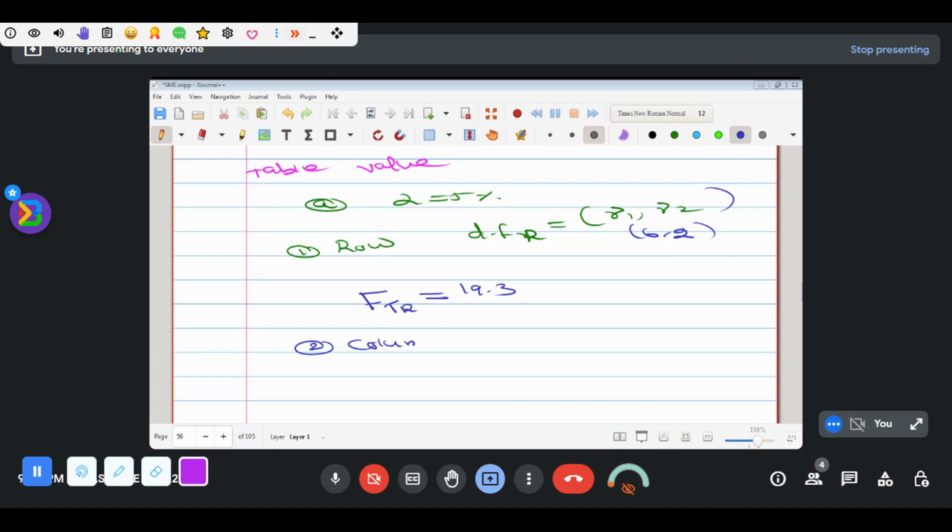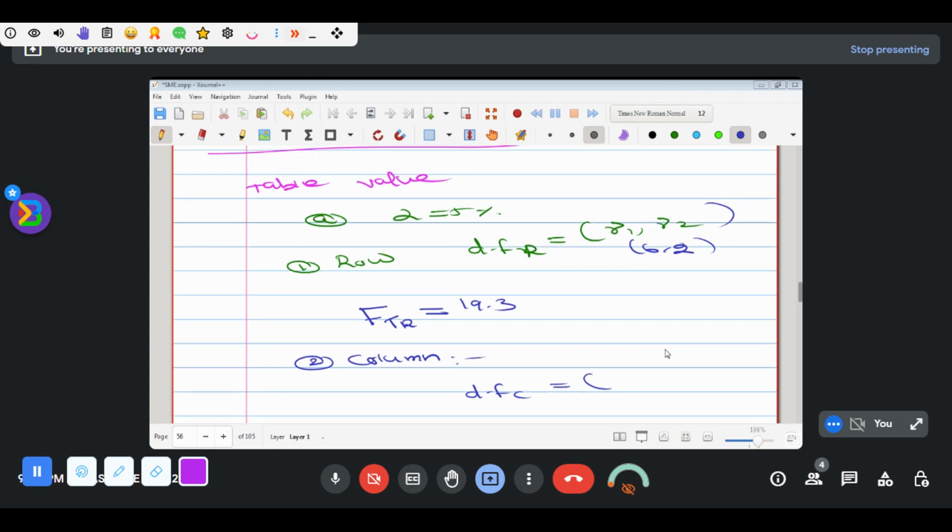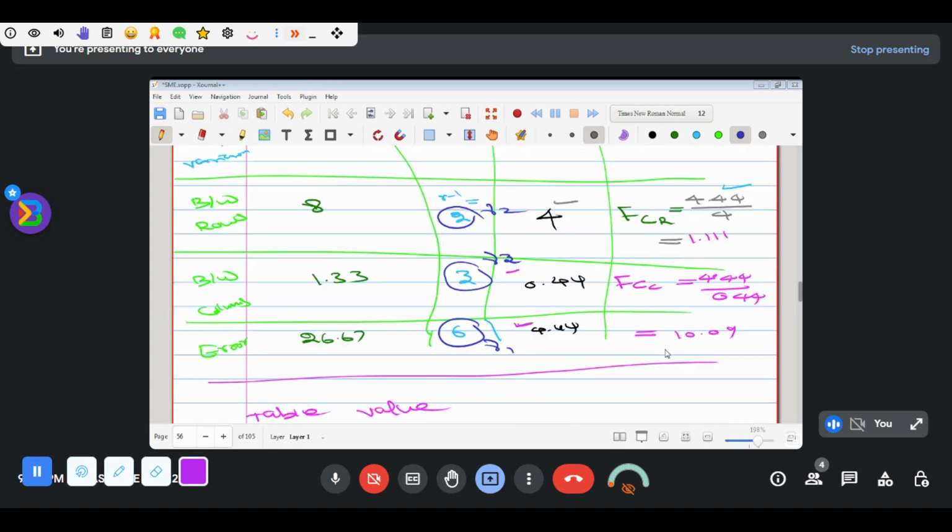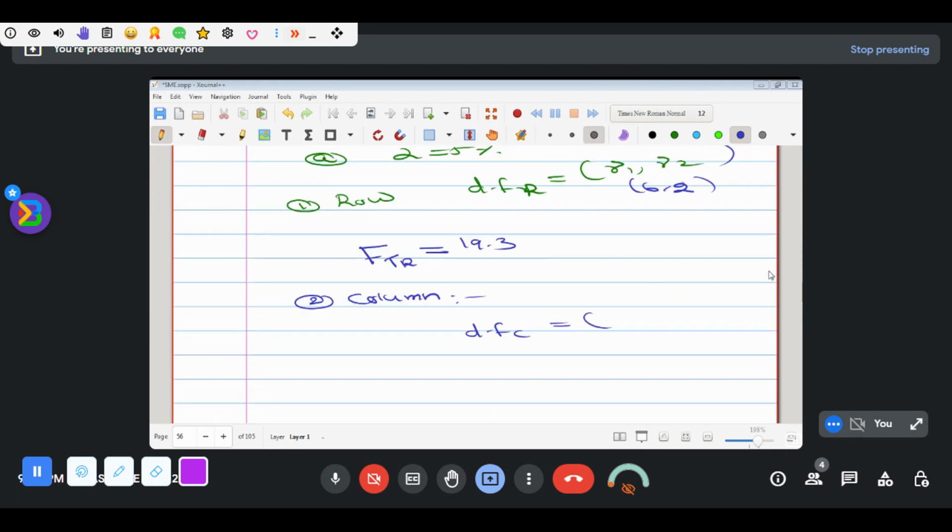Column base. Same alpha value, and only change the degrees of freedom of column. 3, 2, or 6, 2? Which one is the numerator? 6 comma 3. Then what is the result?